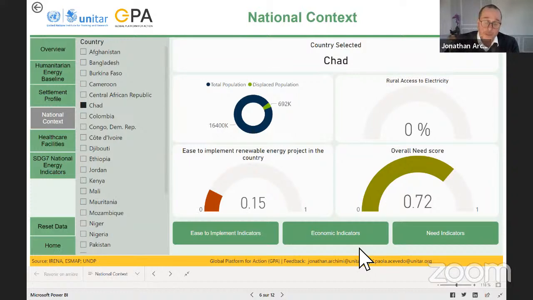On the camp level, this is much more difficult to tell. It really depends on the data availability and the studies that are funded and financed by our partners.